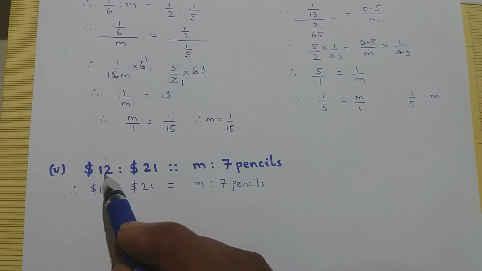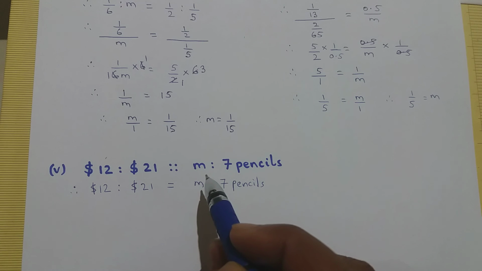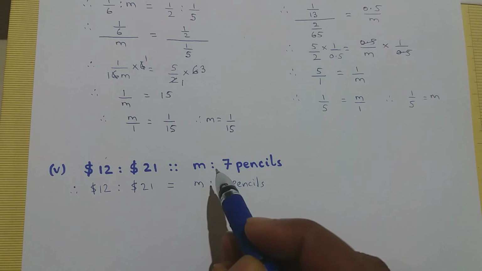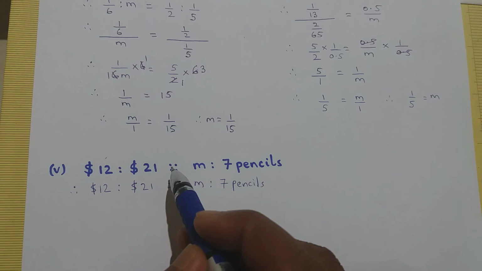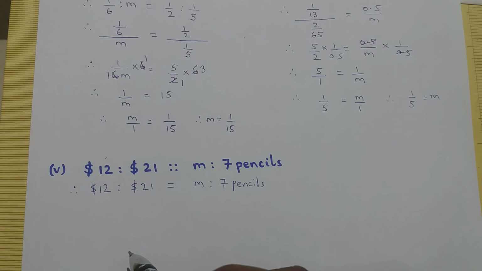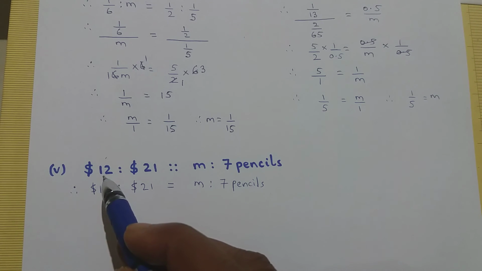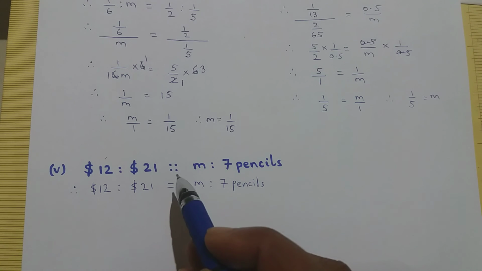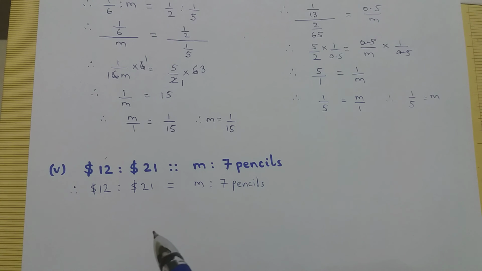So the ratio between $12 and $21 is equal to the ratio between m and 7 pencils. So therefore I can replace this proportionality symbol with an equal to symbol, because the meaning of this expression is the ratio of $12 to $21 is equal to the ratio of m to 7 pencils.